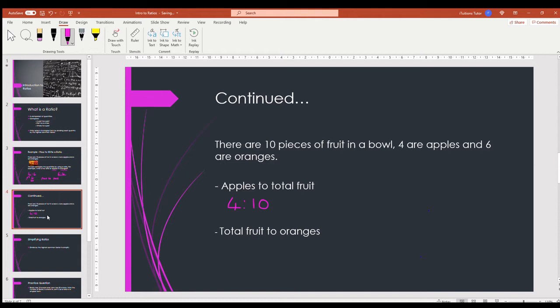We can also compare whole to a part, and this would mean, for example, what is the ratio of the total fruit in the bowl to the oranges in the bowl? Therefore, the ratio would be 10 to 6. If we said the total fruit to apples, then it would be 10 to 4. The order is important, and you must always write what is mentioned first.